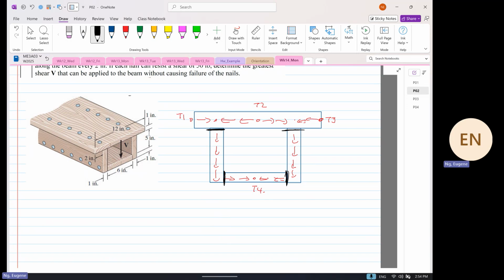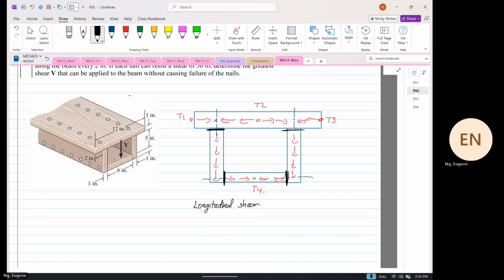So we know we have nails going through the vertical and we have nails going on the horizontal. This topic is on longitudinal shear.